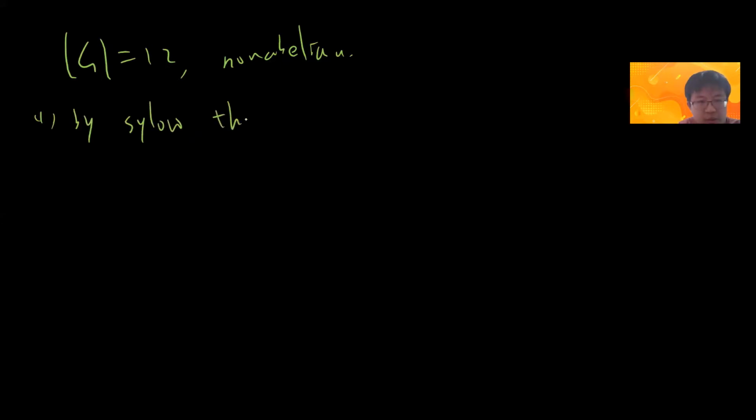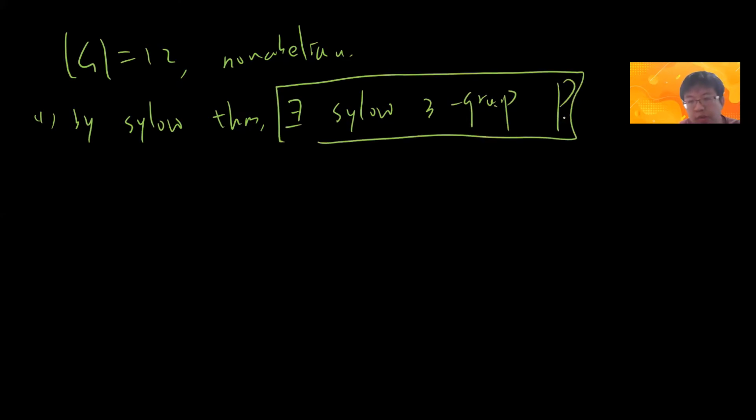Now start with G of order 12, and my assumption is non-abelian. By the Sylow theorem, there is a Sylow 3-subgroup P, which has order 3.